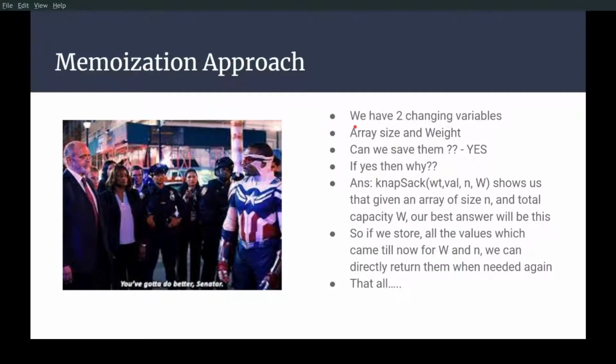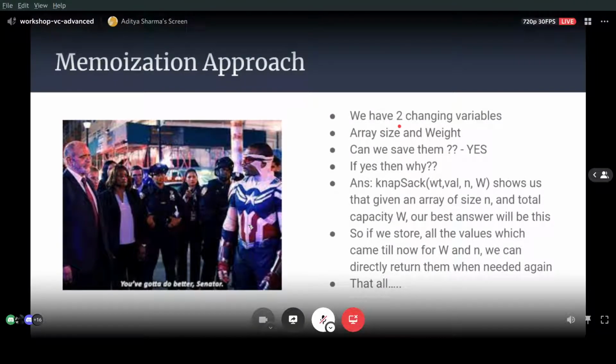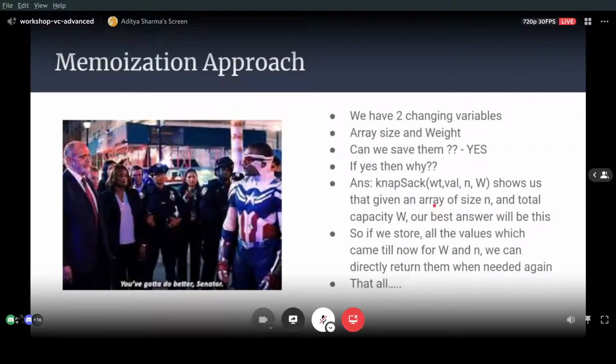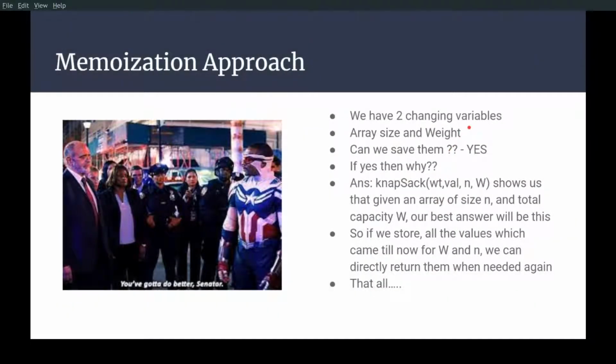So now, let's think about what actually is the problem with this approach. In this approach, we are constantly repeating ourselves. First of all, there are only two variables that are changing, right?